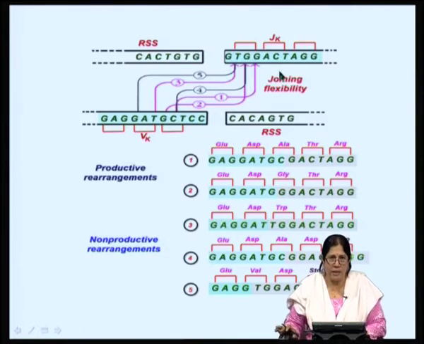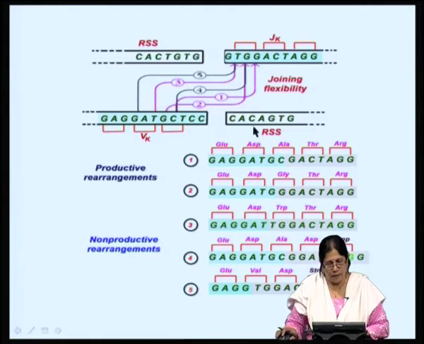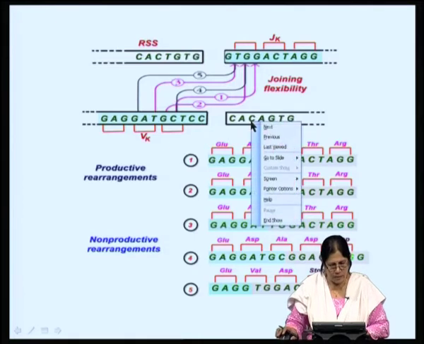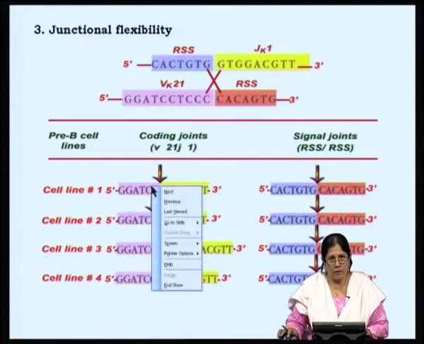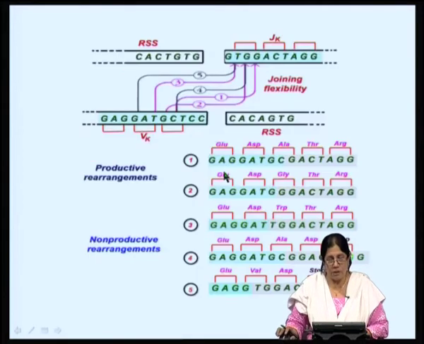This imprecise joining or difference in joining in the coding joint can of course be deleterious, as seen in the last experiment. The joining of coding joints can also change the sequence, the reading frame, in such a manner that you may have the introduction of stop codons.